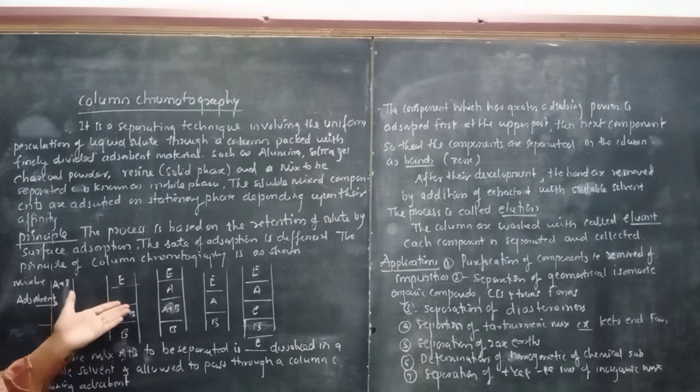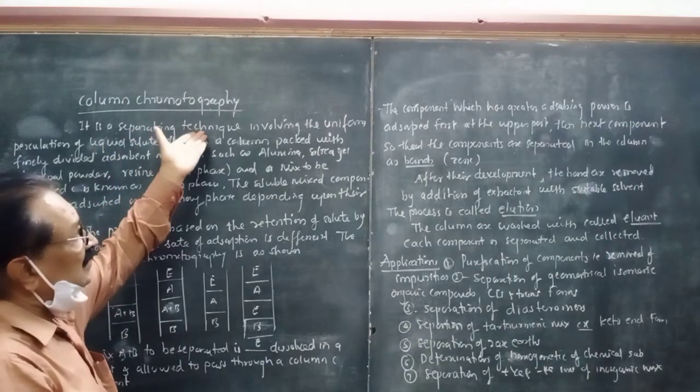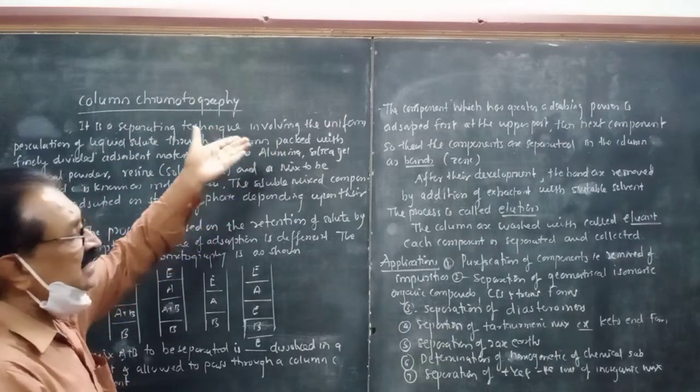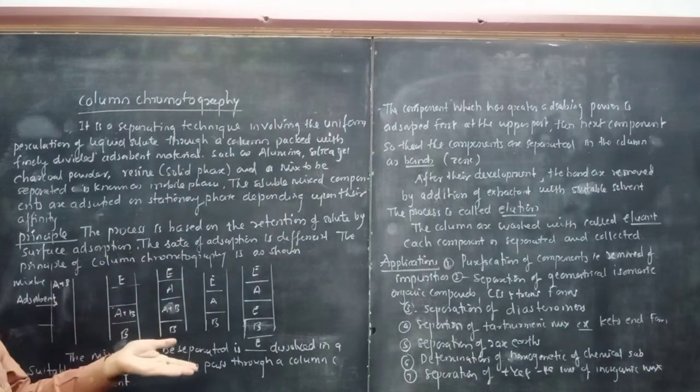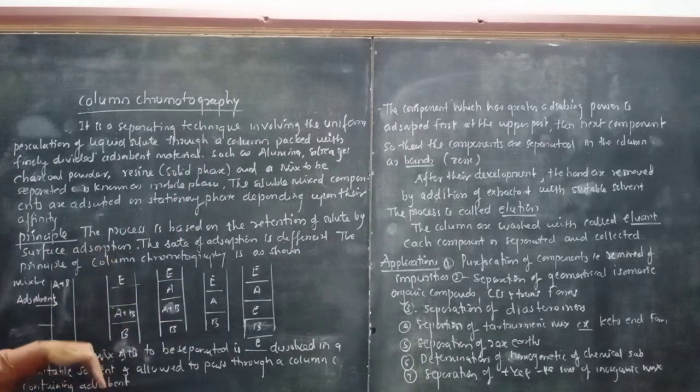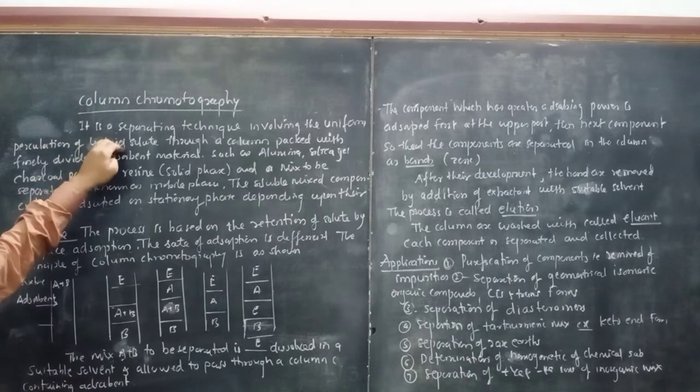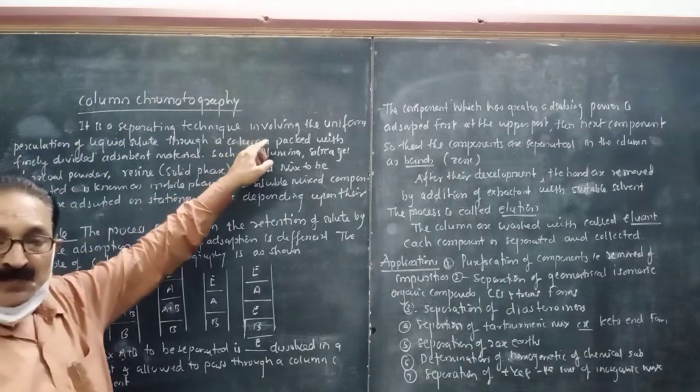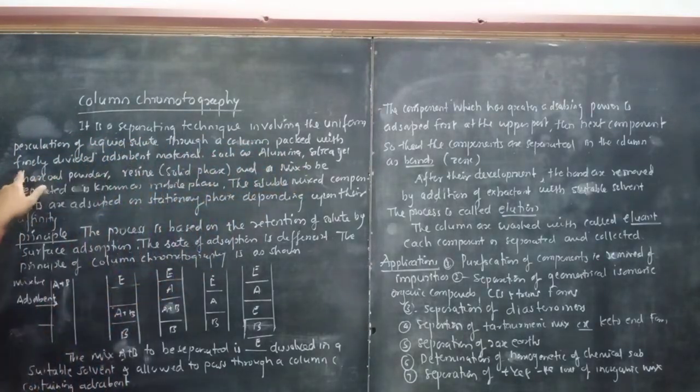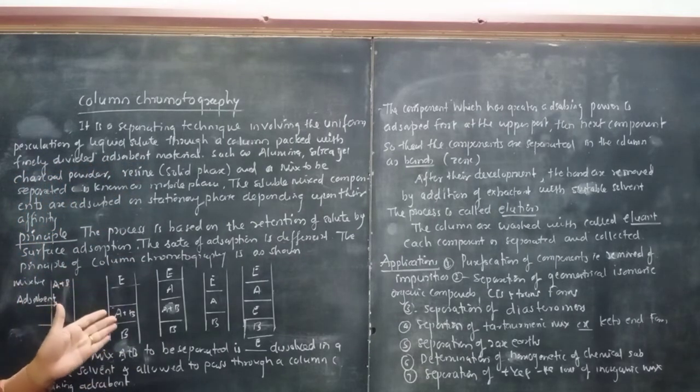The mixture which contains different components is allowed to pass over the column containing the finely divided adsorbent material, which is called the stationary phase.